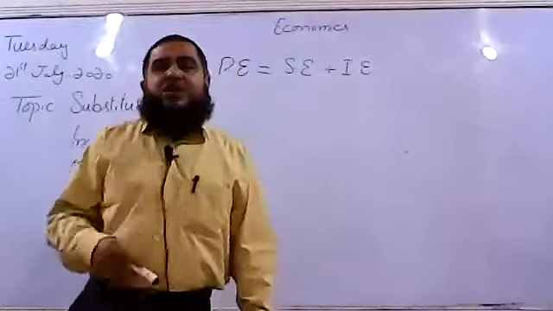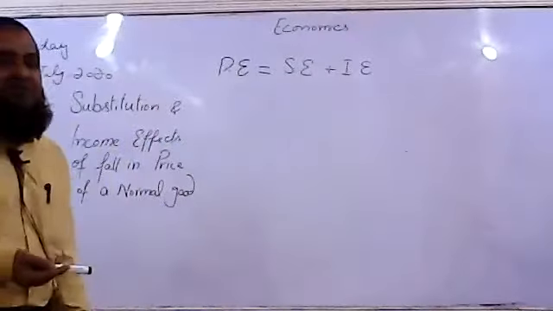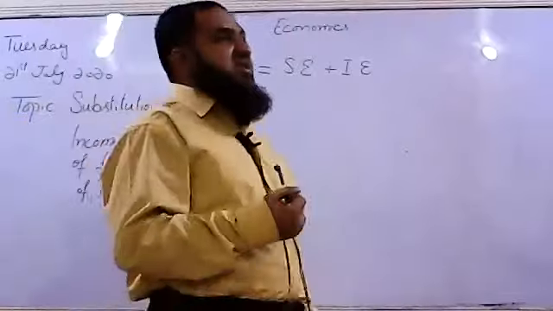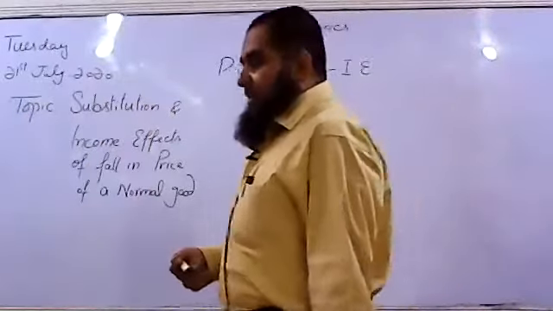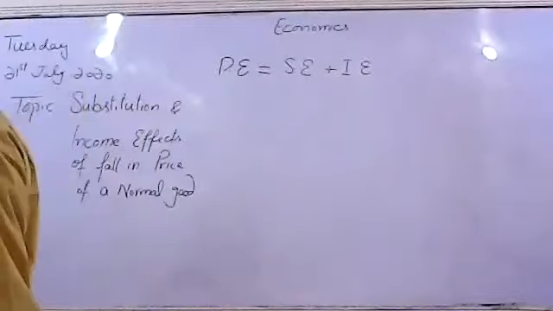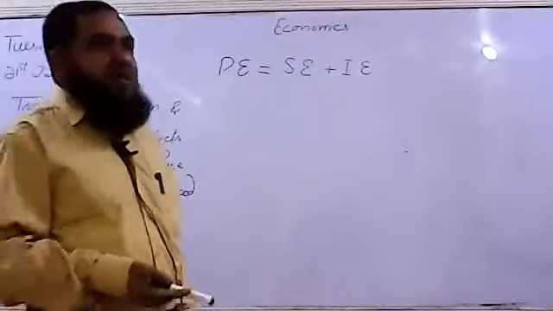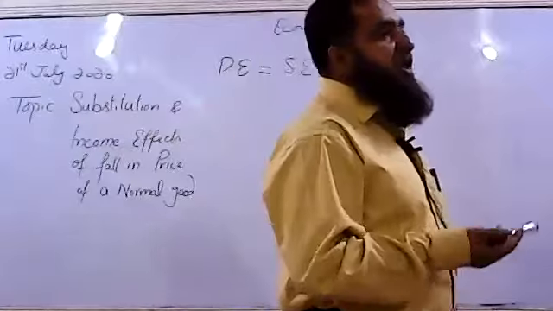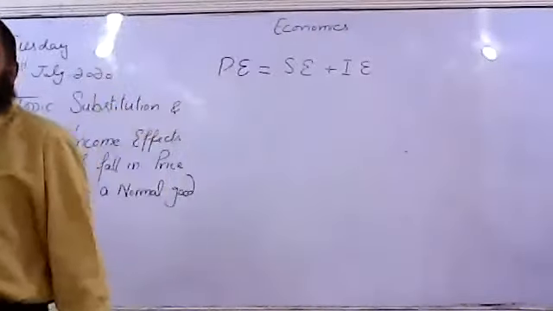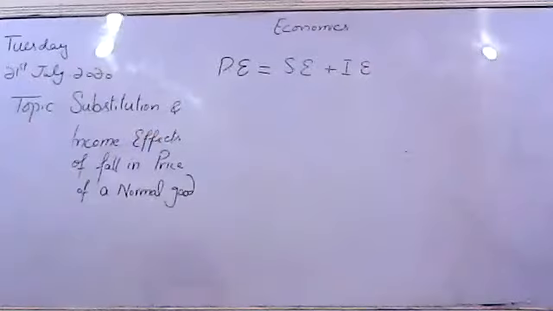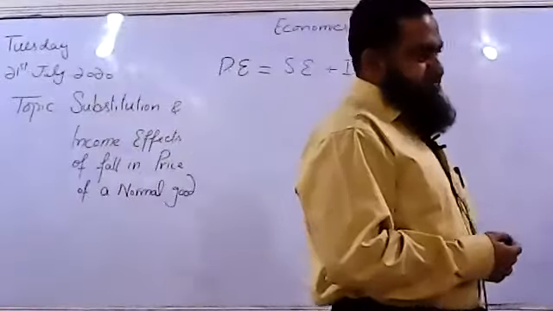So how many units of Y is he going to give up in order to increase the consumption of X? That will tell us the substitution effect of the fall in the price of commodity X, which is a normal good. We also see movement along the indifference curve, which is the substitution of one good for another, and the slope of the indifference curve, which we studied, is called the MRS, or marginal rate of substitution.